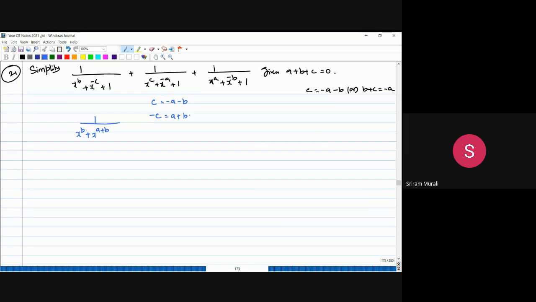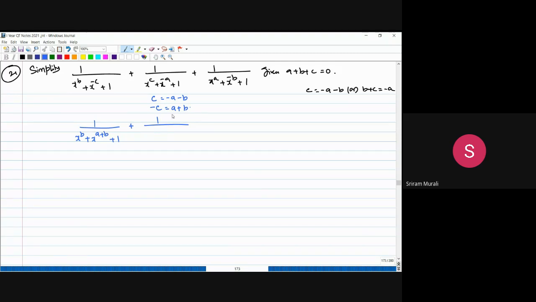And you call this 1 as 1 for the time being. What about the next step? Because we are expressing C in terms of A and B, therefore it is plus 1 divided by x power C. What is C?